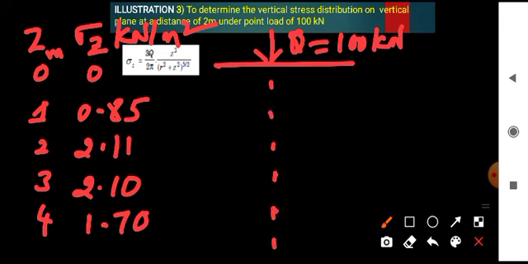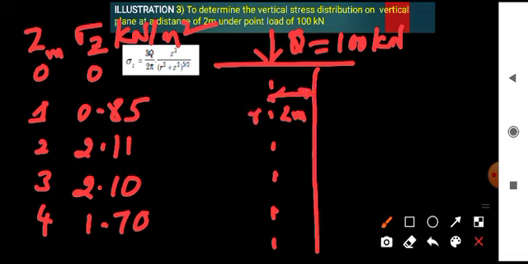We are talking about the influence of this point load of 100 kilonewton at a radial distance of 2 meter away from this line of action. So you can draw a reference line like this. Now the distance you can highlight is 2 meter, which is the value of r here, the radial distance.